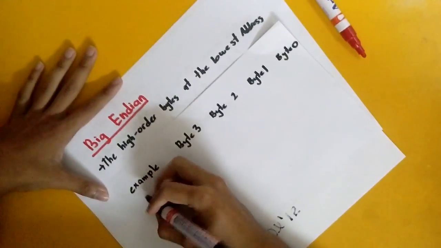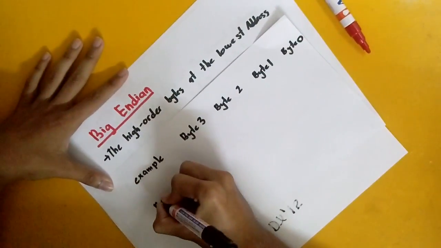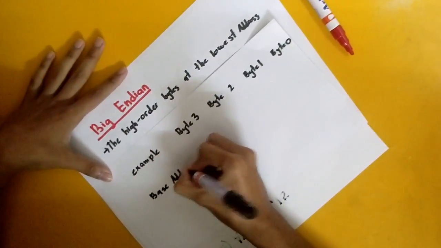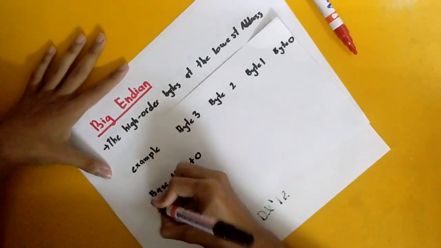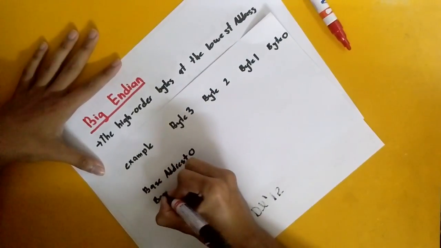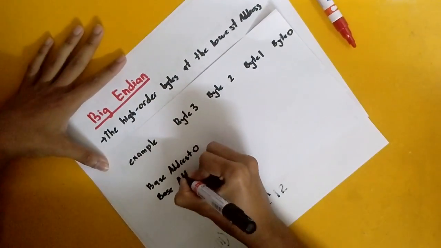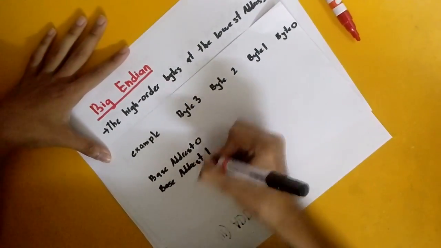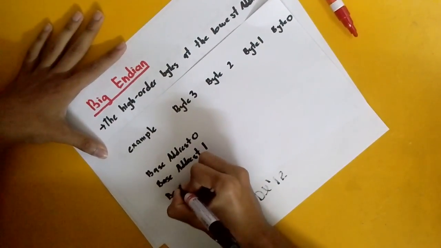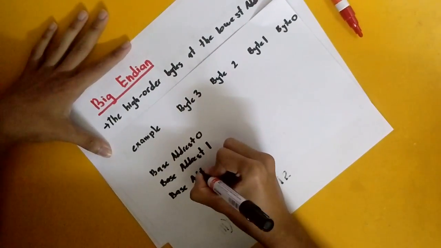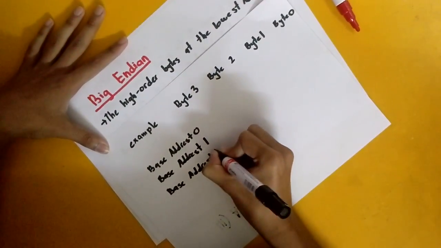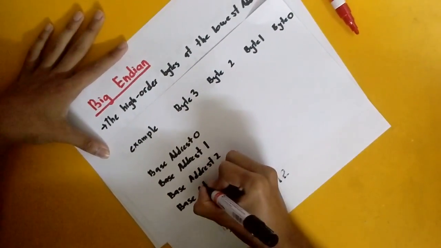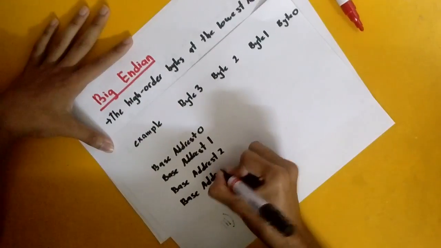For the addresses, we have base address 0, base address 1, base address 2, base address 3.